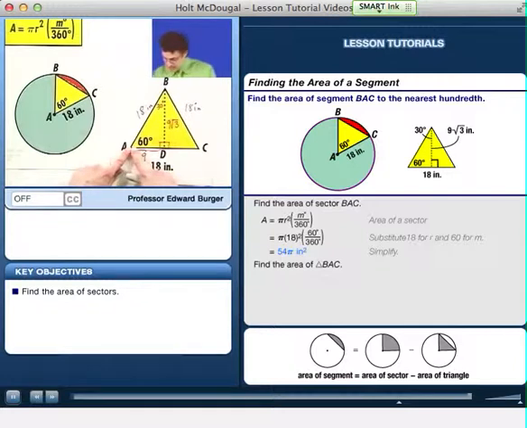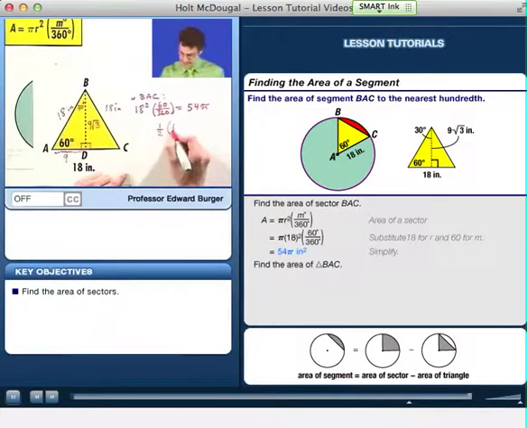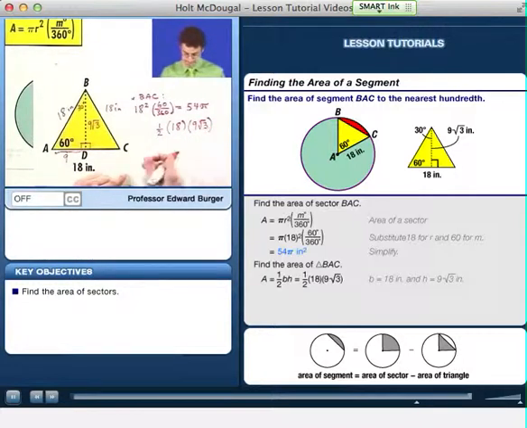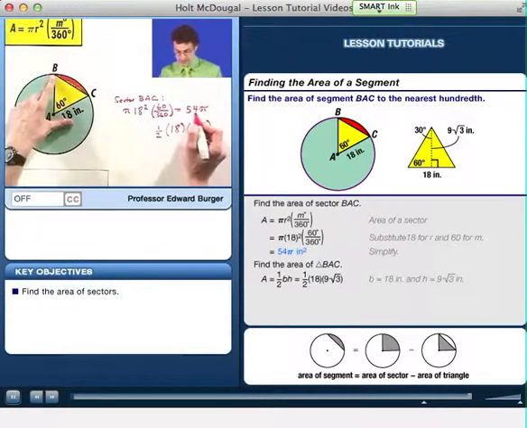It's going to be 1/2 base times height. So that's 1/2 the base, which is 18, times the height, which is 9 square root of 3. Okay? And so what do I want to do? Well, I take the sector answer, the whole sector, and subtract off this area.